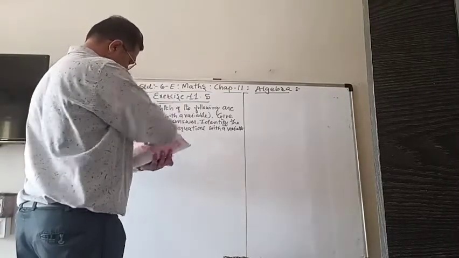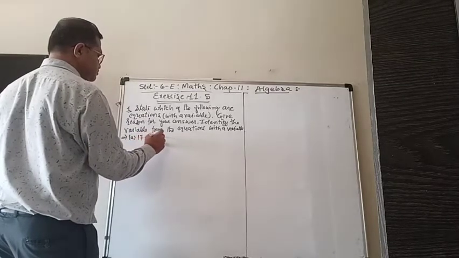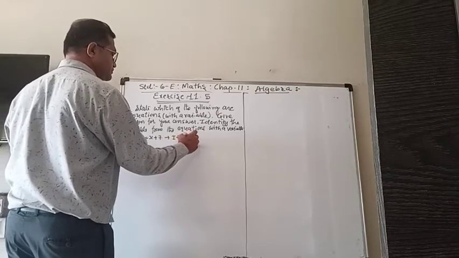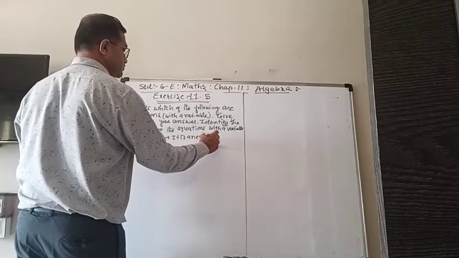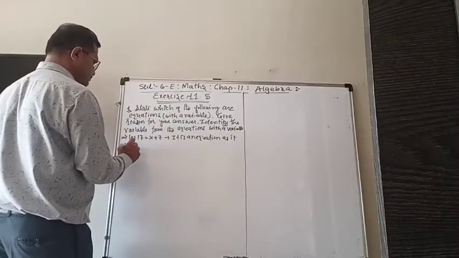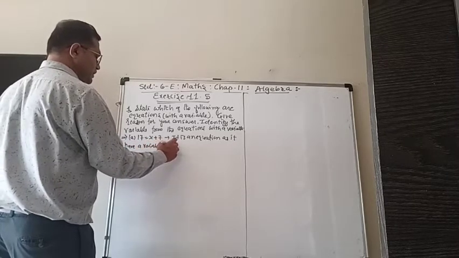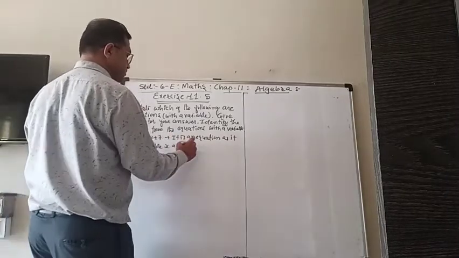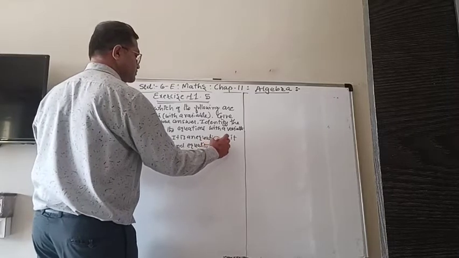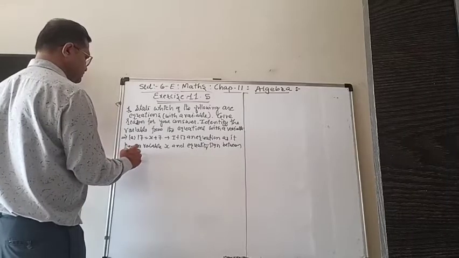First one is 17 is equal to x plus 7. So it is an equation as it has a variable x and an equality sign between two sides.